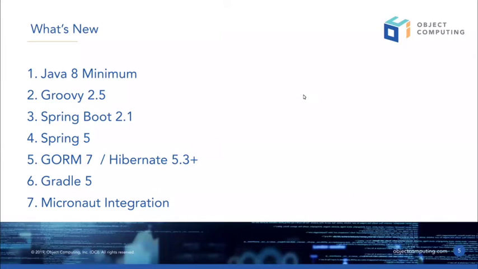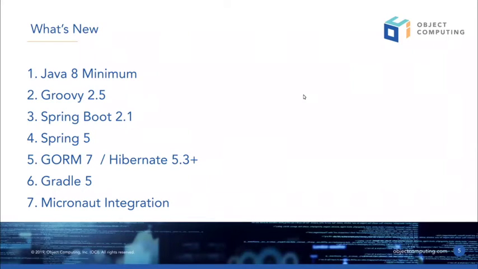And we've also changed Gorm from Gorm 6.1 currently to Gorm 7, which now requires at least Hibernate 5.3 for the Hibernate implementation of that. There's a bunch of changes in Hibernate that are relevant to your applications as well.